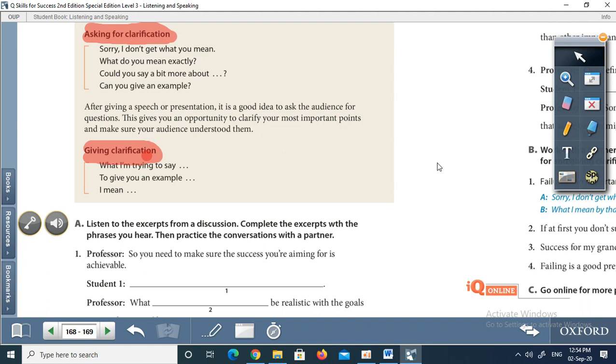Can you give me an example, please? Sure. Someone of 20 might view success as being rich, but at 50, that same person might think of success as a happy family life.